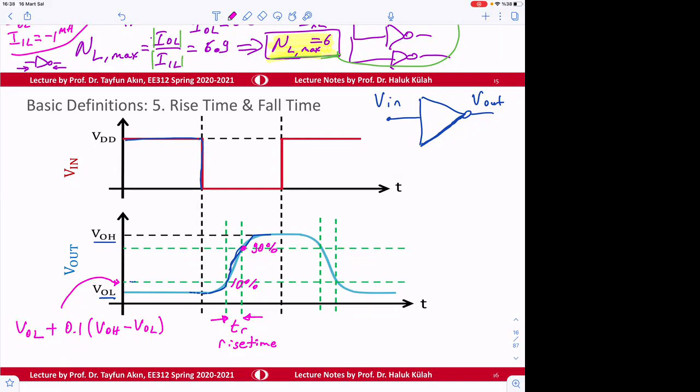Is that clear? 10% of the voltage swing, output swing. Okay. And how about this value?